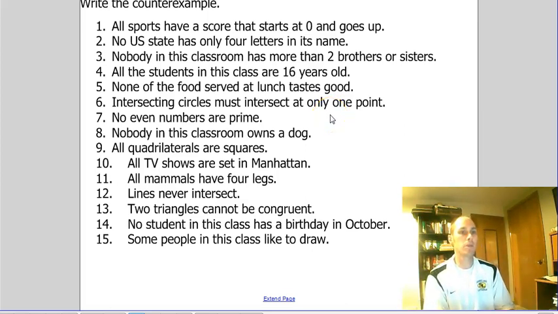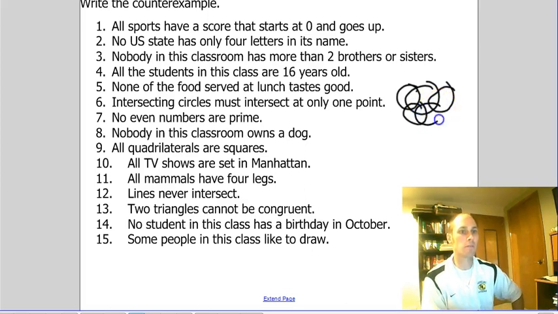Well, that's possible, but what happens if we have like the Olympic rings? We're hitting at 2 points. Okay. 7, no even numbers are prime. Well, 2 is an even number and it's considered a prime, so there's my counterexample.